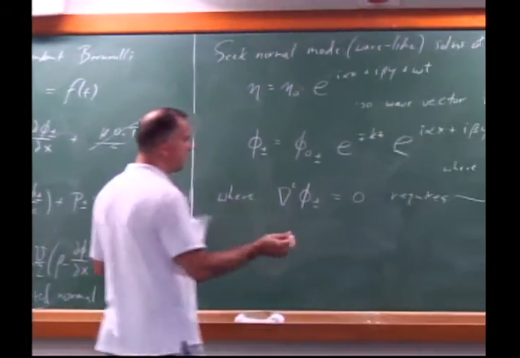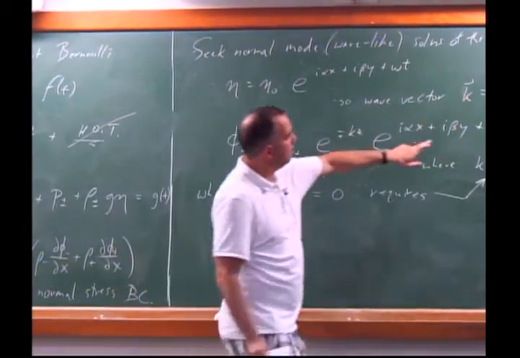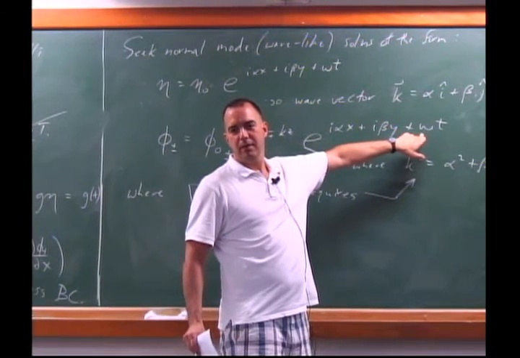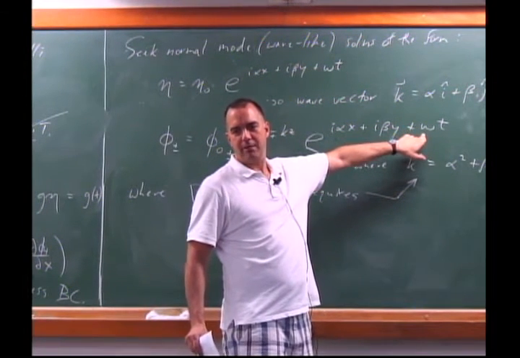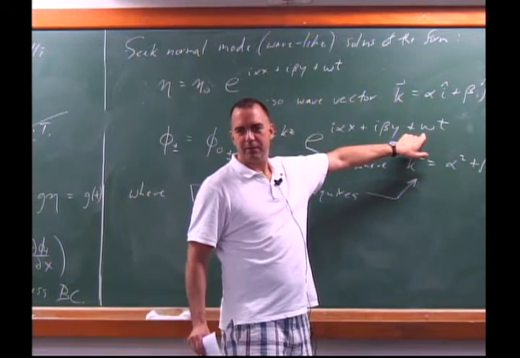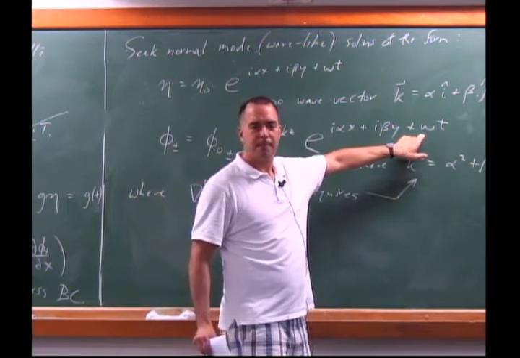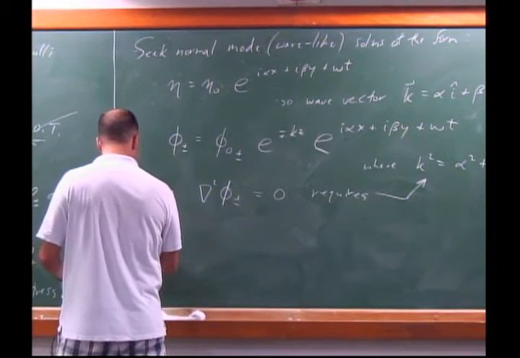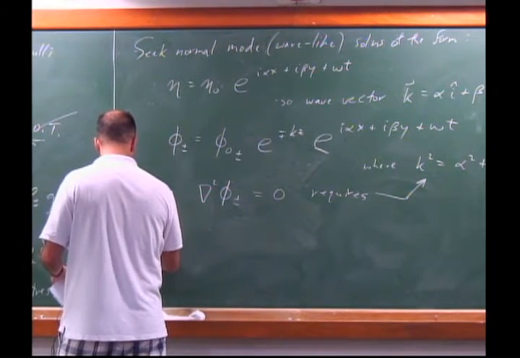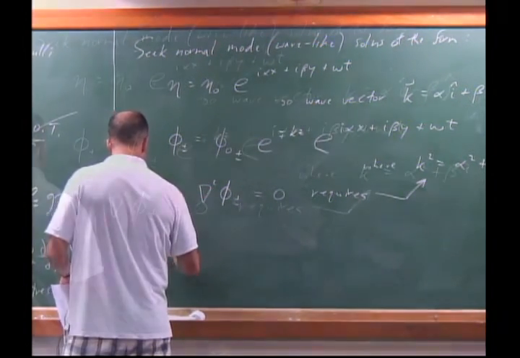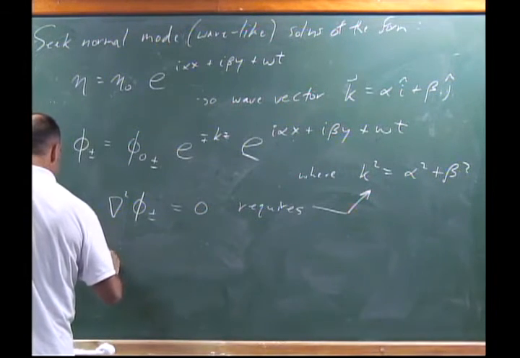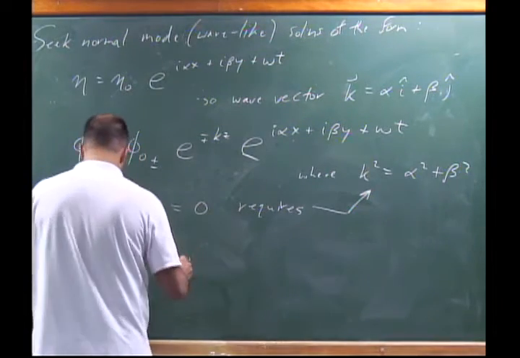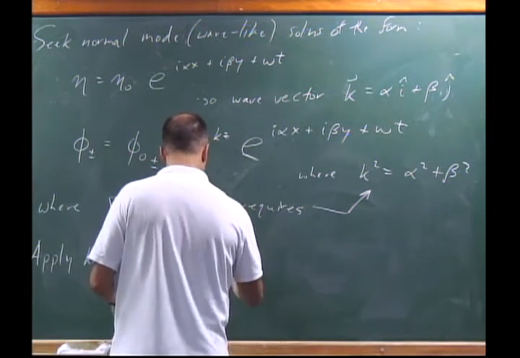Okay, so we're looking for waves, and we want to know when this is positive. Let's say, when do the waves grow in time, and for which k value is omega maximum. So that's going to be what you see. Okay, so if we apply our kinematic boundary condition, we deduce this.